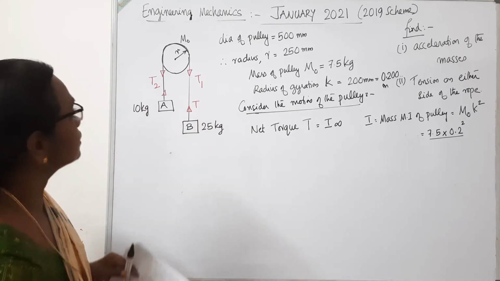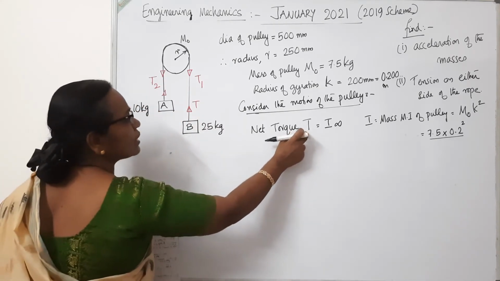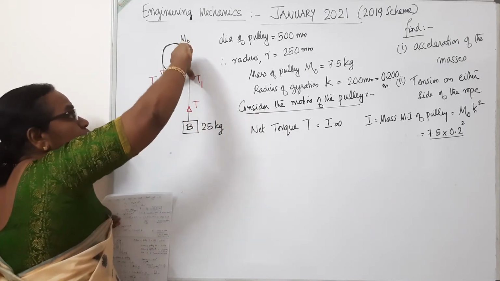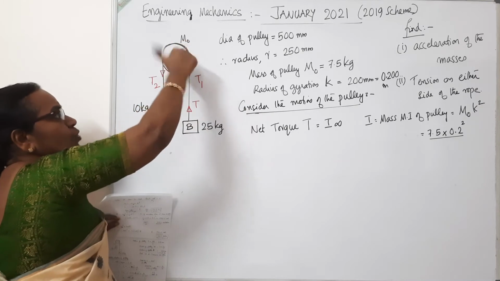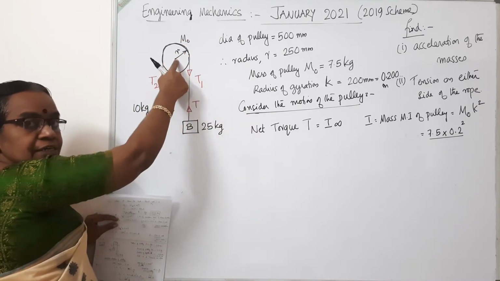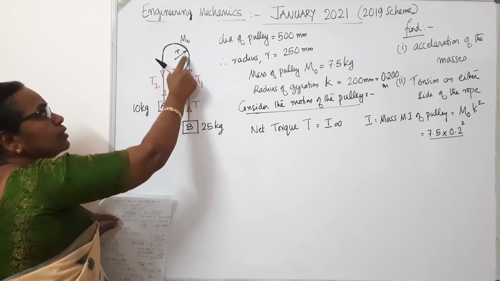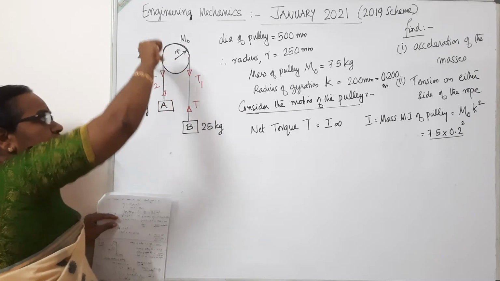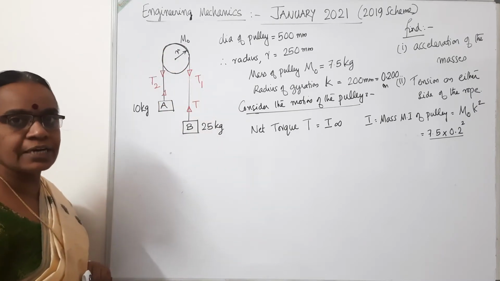Whether we can write the torque in terms of these tensions? What about this force? Force into R: T1 into R will be the torque produced by this tension at the center, load into perpendicular distance. So T1 into R from this side, T2 into R from the left side in the opposite direction.